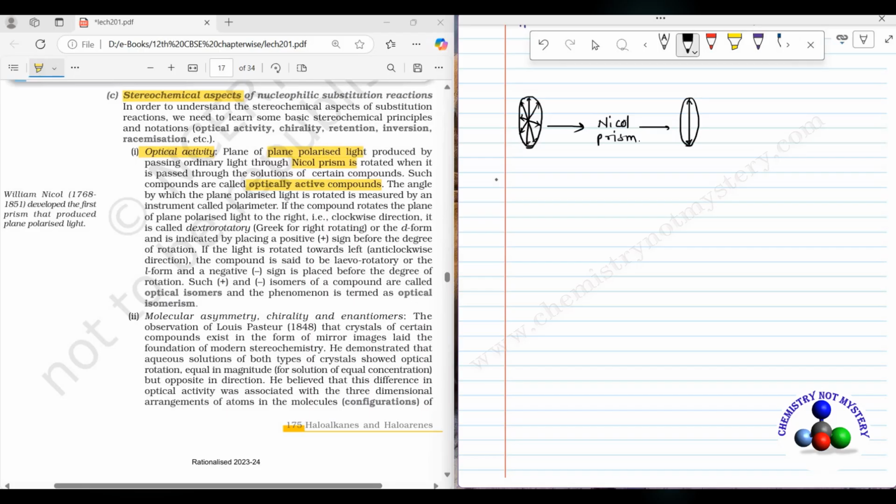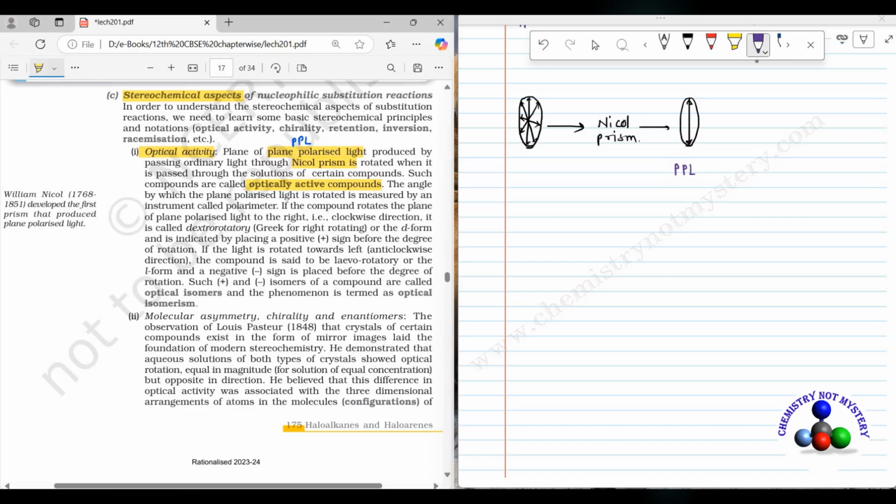So here you will get this light. As this light is polarized in only one direction, this is called plane polarized light, or in short I can call it PPL.